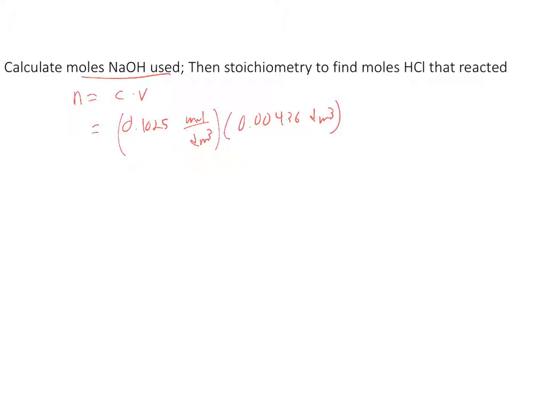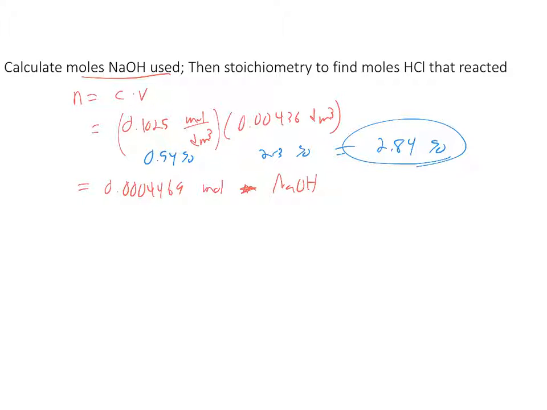This concentration for the sodium hydroxide came from an earlier calculation. So I have 0.0004469 moles of sodium hydroxide. Now in terms of uncertainty, this uncertainty was 0.54%, this uncertainty was 2.3%, which is 2.84%. And I'm not really rounding my significant figures for my percent uncertainty here.